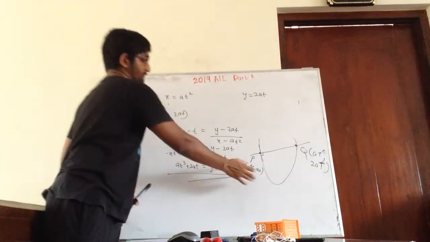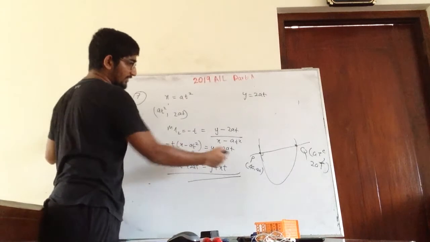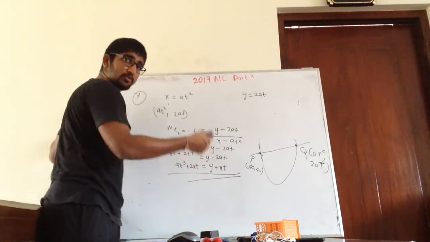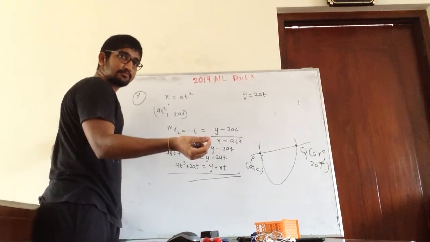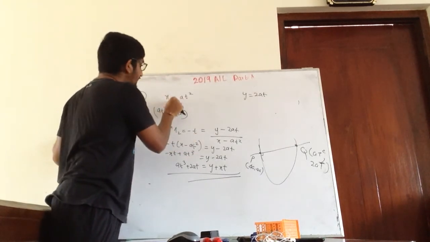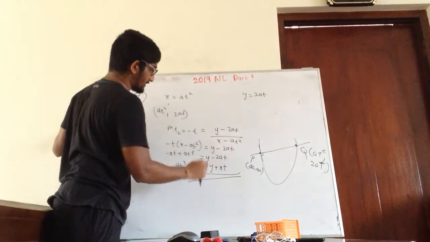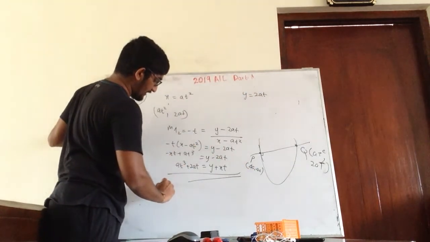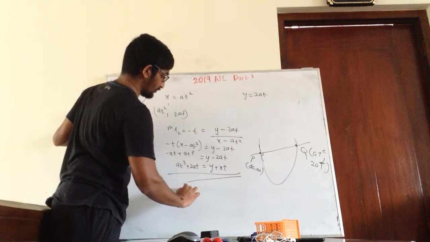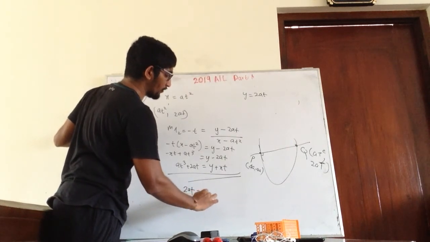So now this point P has 4a. I'm going to see what the value of t is, because the x part is basically 4a, and the y part is 4a as well. So if I take the y, 2at will be equal to 4a.